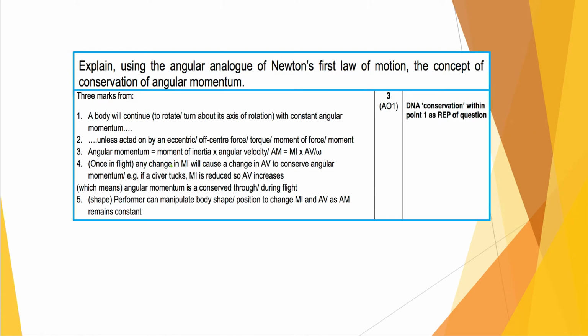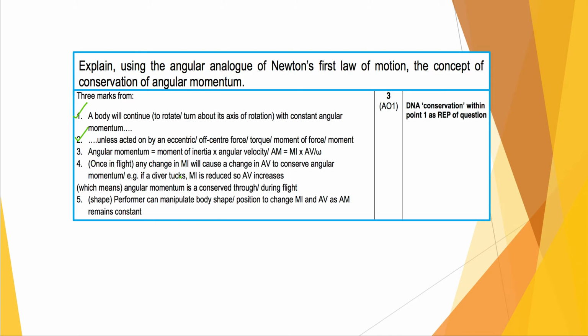This was a generous mark scheme because you got 2 marks for being able to define the angular analogue of Newton's first law. So a body will continue to rotate about its axis of rotation with constant angular momentum until acted upon by an eccentric force or a torque. That was 2 marks potentially.